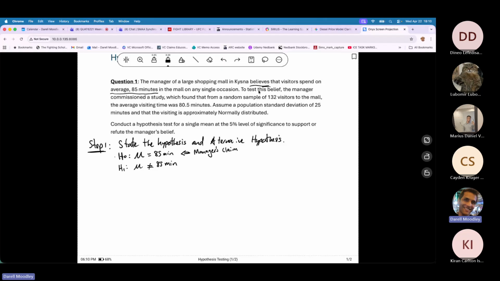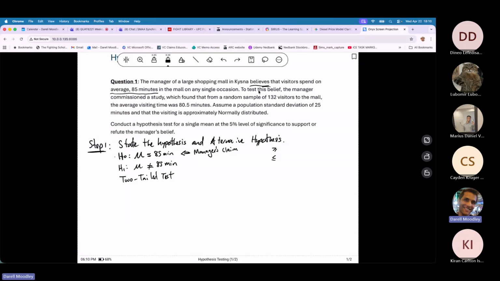Now when you get a hypothesis test with an equals to sign, then just know that it's a two-tailed test. Okay, this is a two-tailed test. So you can get cases, which we'll do later, where you won't have equals to. You could have greater than equals to, or you could have less than equal to.